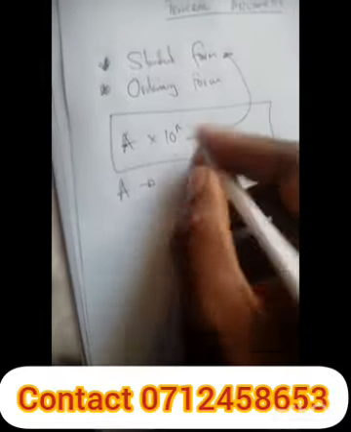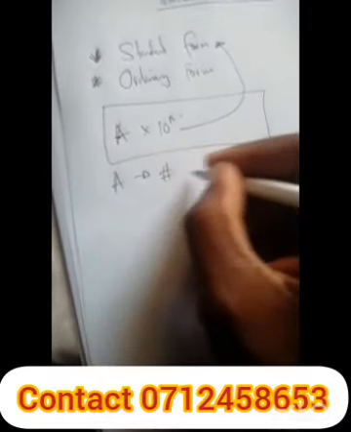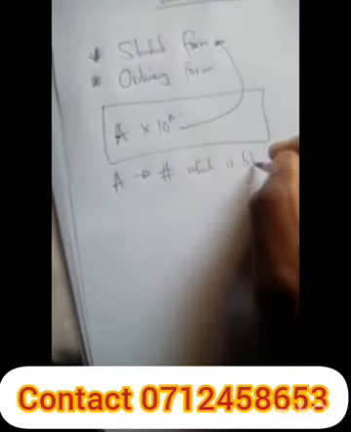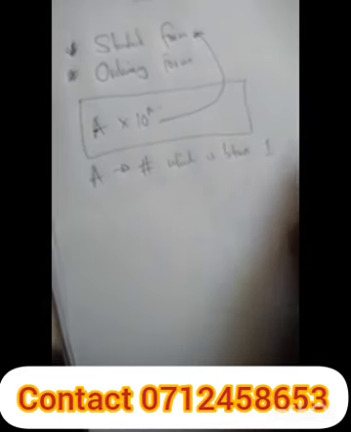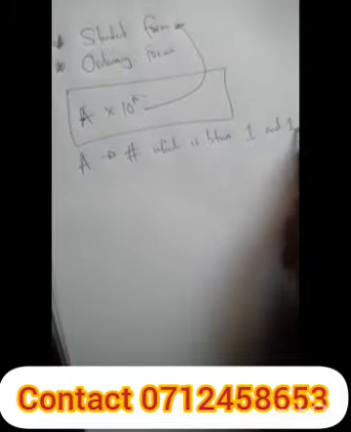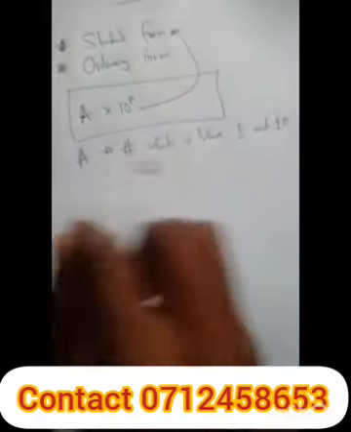A represents a number which is between 1 and 10. It might be 2, it might be 3, up to 9.